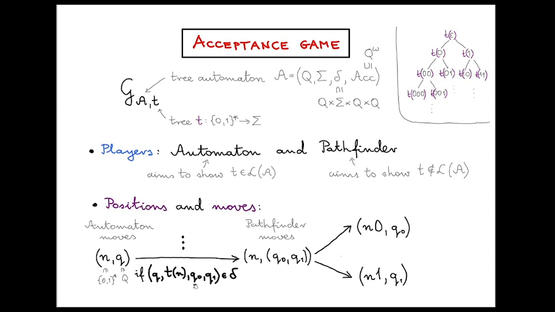And the intuition here is that these pairs of states denote the states that, according to this non-deterministic transition, are going to be sent to the left and the right children of node n.